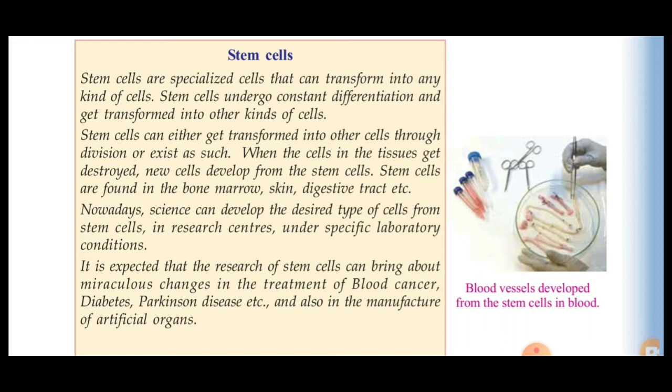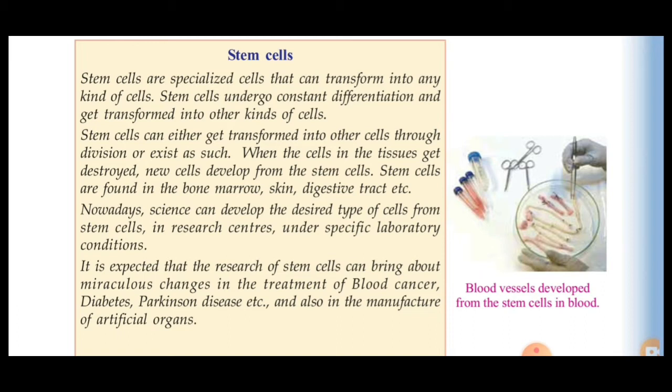Stem cells undergo constant differentiation and get transformed into other kinds of cells. Differentiation here means divisions. Stem cells undergo many types of cell division, and finally they are transformed into other kinds of cells. So they can be transformed into any type of cell.